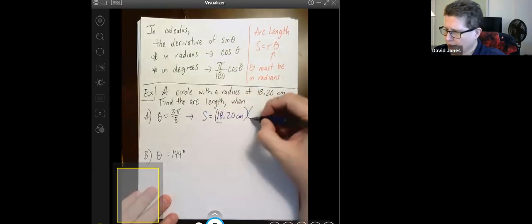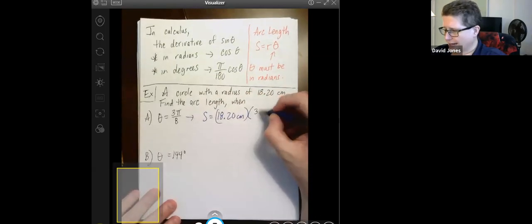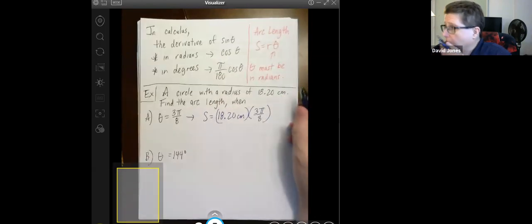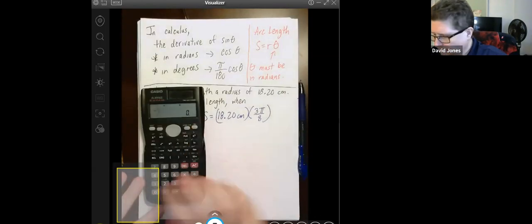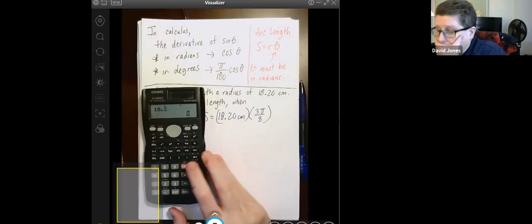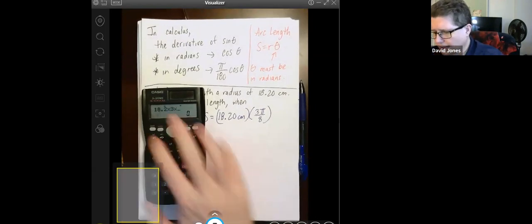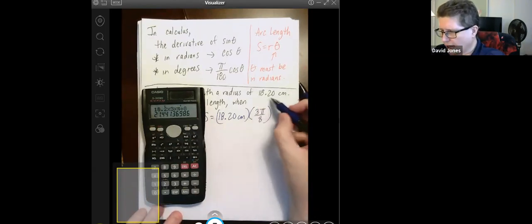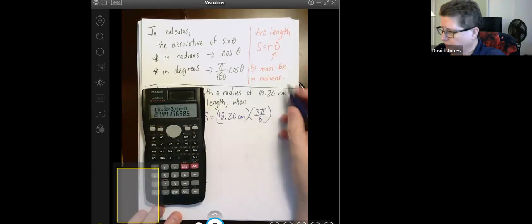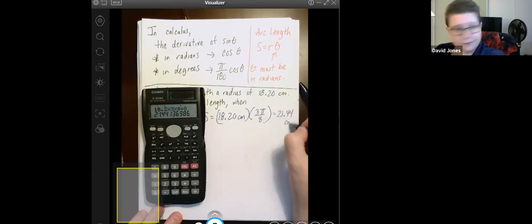We multiply it by the unitless radians of 3 pi over 8. 18.2 times 3 times pi divided by 8. We have 4 significant digits. On my calculator, that will give me 21.44, and the units are centimeters.